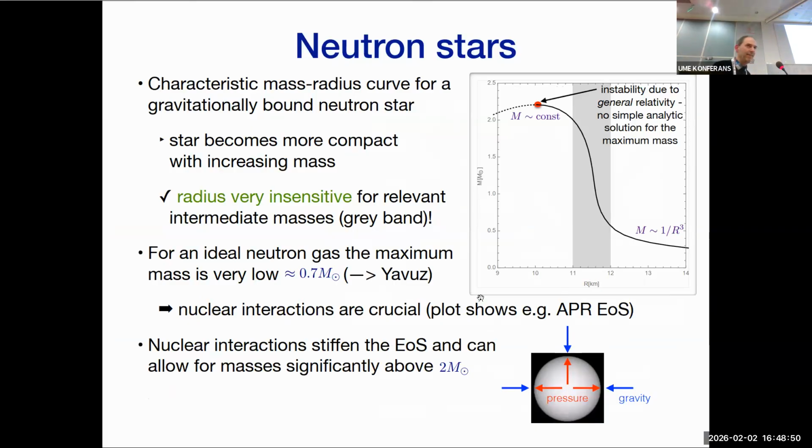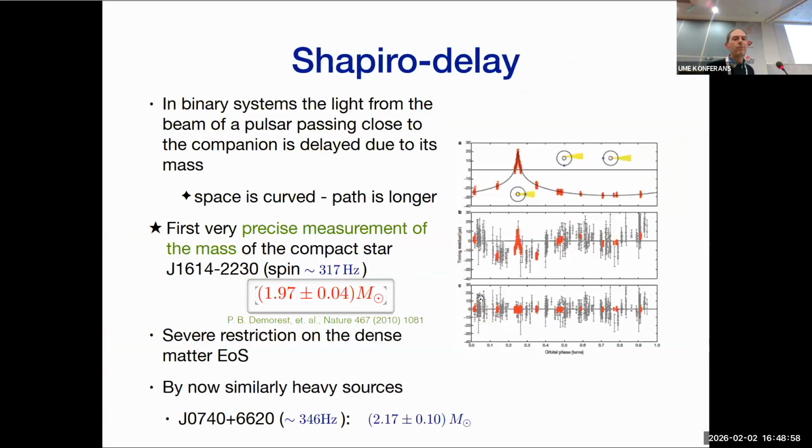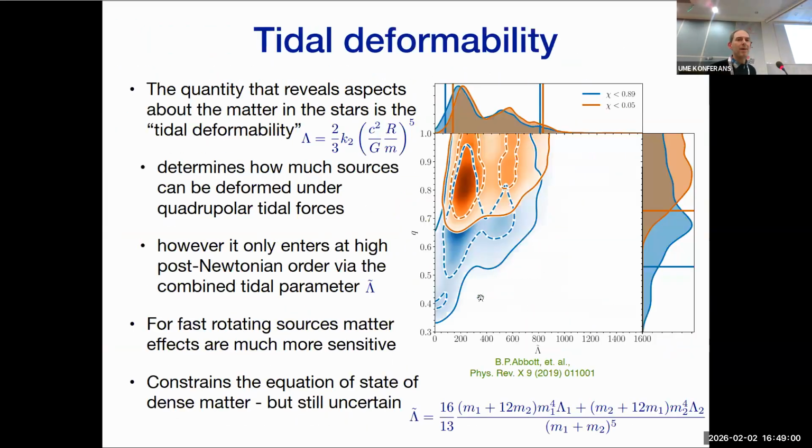Okay, and what this tells us is that the equation of state must be very stiff. And already that we see neutron stars that have 2 solar masses means the equation of state must be dramatically stiff. Another thing where we got new insight was from neutron star mergers. In the last few orbits of these neutron stars, people could measure how these stars, when you get very close, tidally deform.